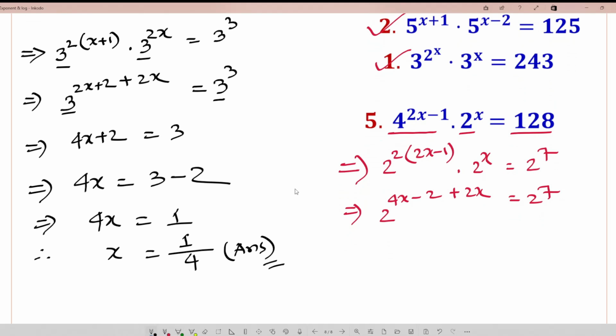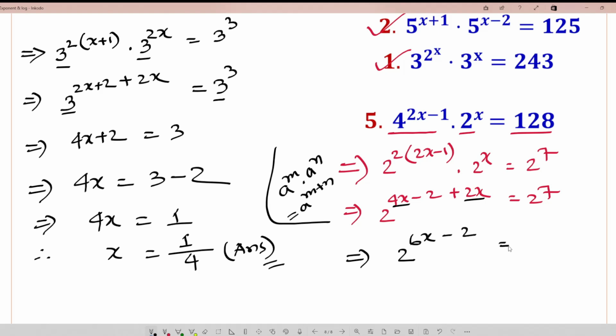Here we are following what we know, a to the power m times a to the power n means a to the power m plus n, right? And look, 2 to the power, here is 4x and here is 2x, it will be what? 6x, right? Minus 2 equals 2 to the power 7.